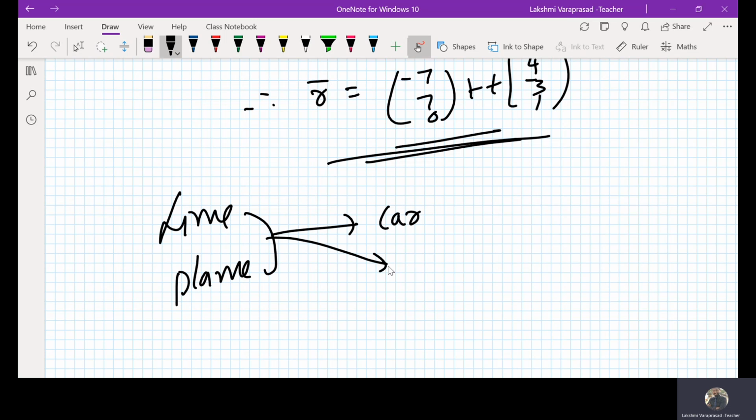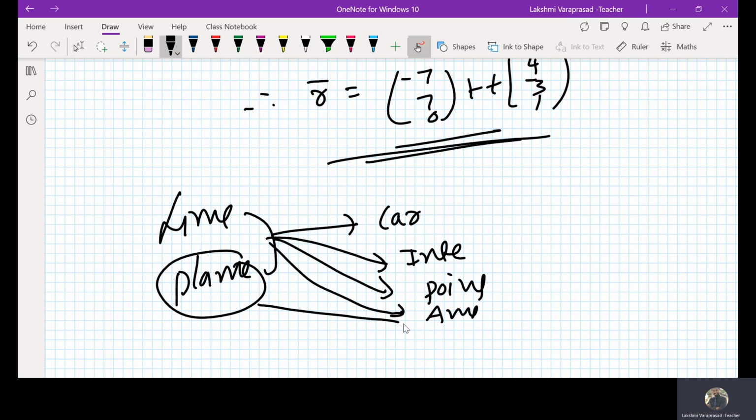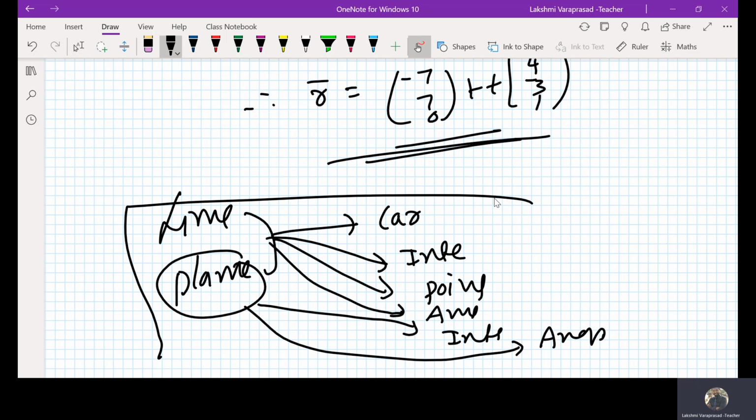If a line and a plane intersect, what is the intersection point, and what is the angle? In the same way, if two planes intersect, what is the intersection, and what is the angle? These are the different kinds of problems we have seen so far. This is actually in your syllabus for vectors.